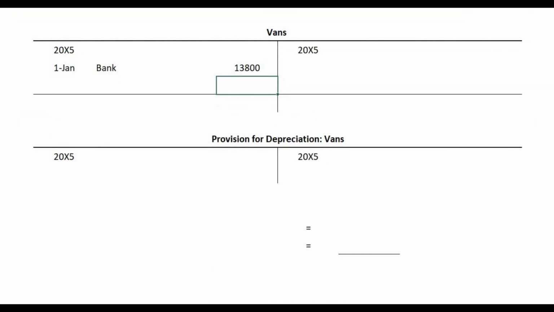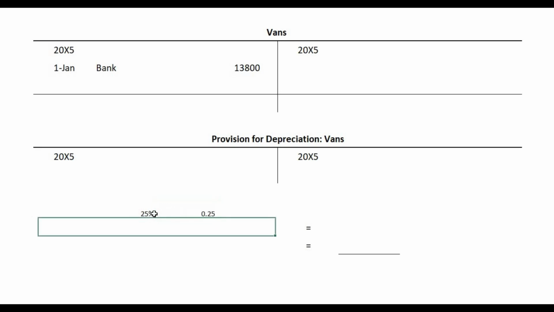If you are using a simple calculator, then you first need to convert this percentage into decimal, which means divide the percentage by 100 and you will get your decimal value. I will show you right here in the rough work. If we have 25%, then you simply need to divide 25 by 100, so you will get your decimal value, which is 0.25.